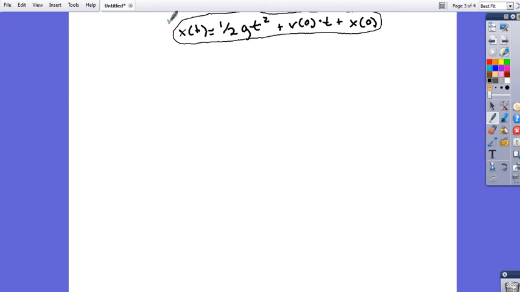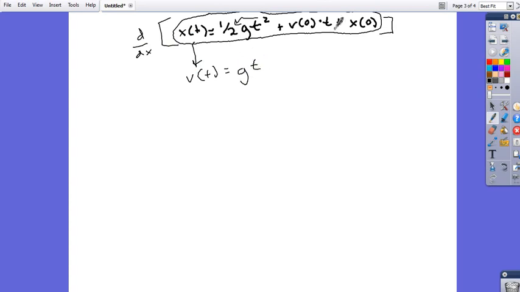Let's take a derivative of the position function. You physics people, always worrying about memorizing functions. What is the derivative of the position function? We know it's the velocity function. Power rule, bam, 2 times 1/2 is 1, so it's the gravitational constant times t.